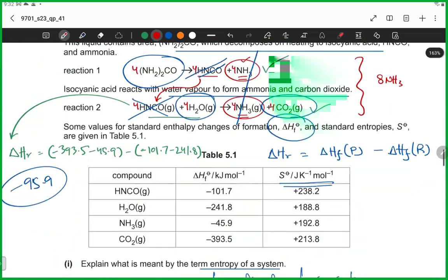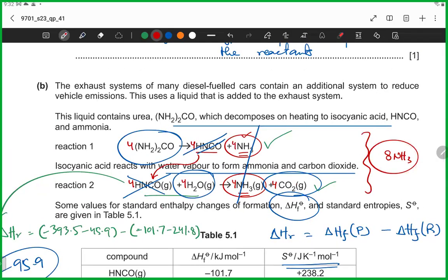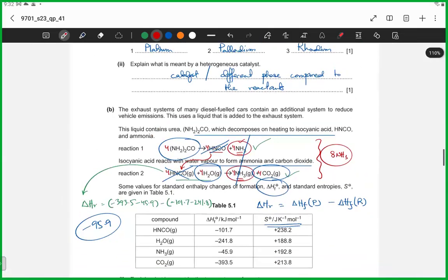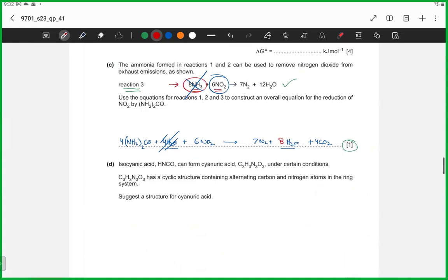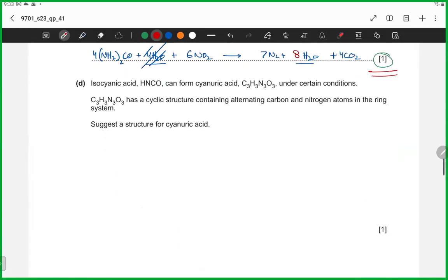So the trick was that you had to produce 8 NH3s in the first 2 reactions. Is this clear? Yes. Because otherwise the balancing. But the trouble is that this is disappointing that they just gave us 1 mark for this. Plus, there's no shortcut to this. You have to do all of this.